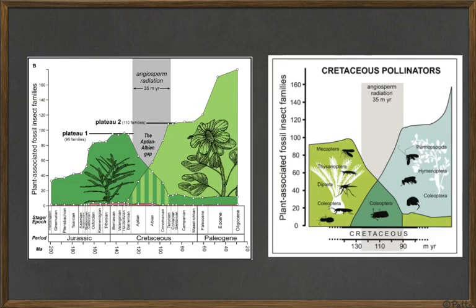Both of them are now the most important group in their kingdom. The angiosperms are the most important group of plants, and the insects are the most numerous, abundant, and diverse group of animals. So they evolved quite together.